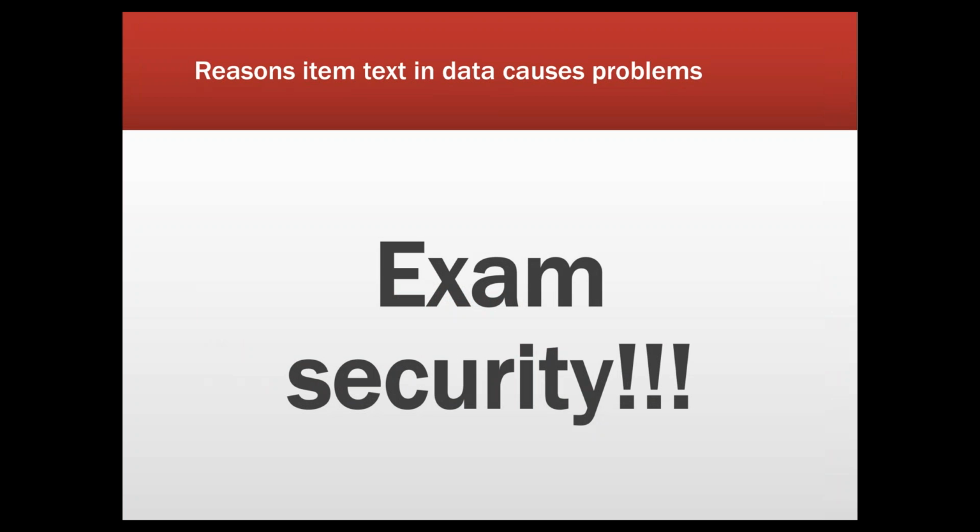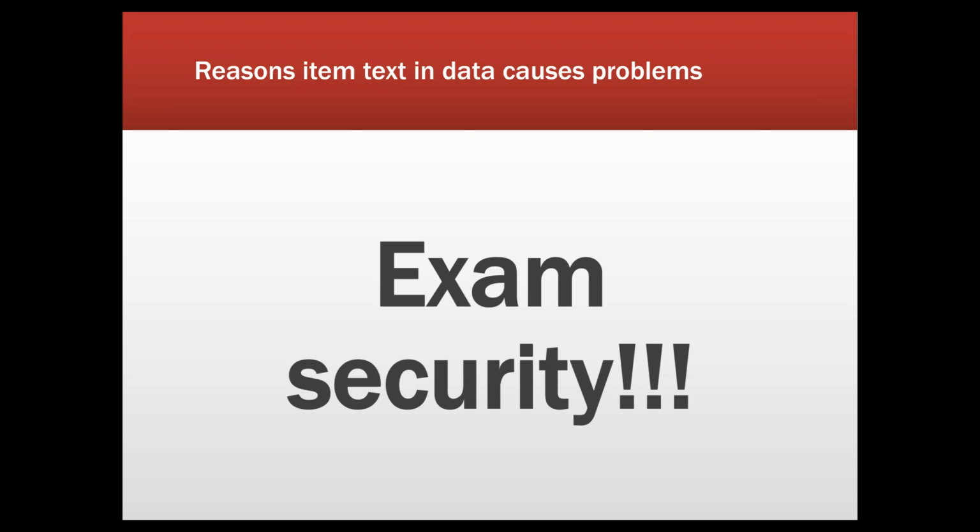First and most important is your exam security. Every time you write the item text, you have opened up an opportunity to compromise your exam, because that's what most people are looking for. If they have the stem, they can figure out the answer.